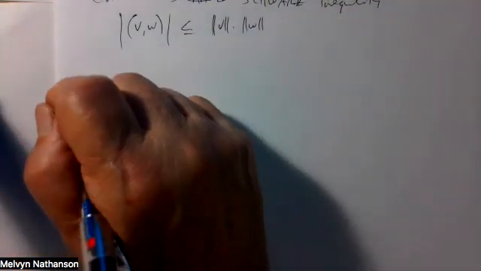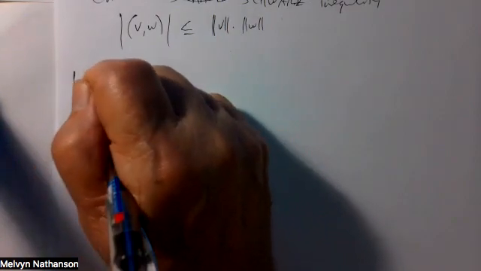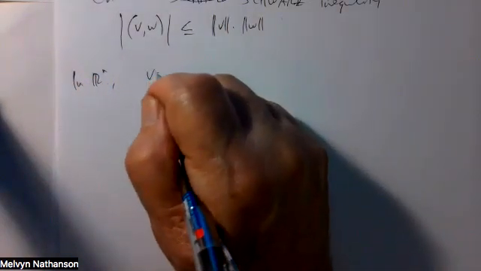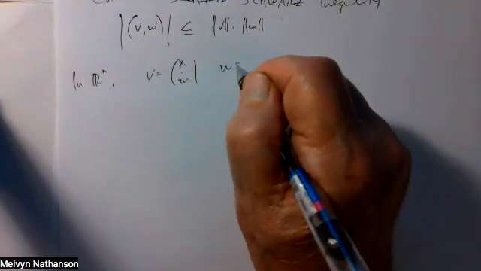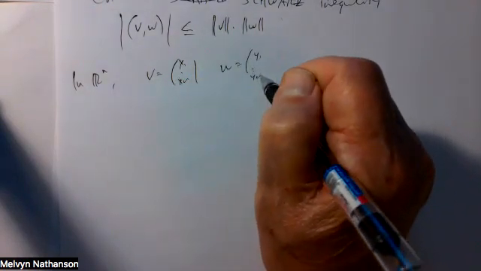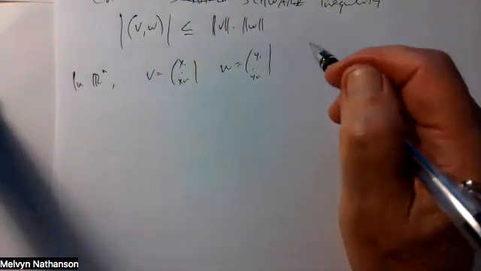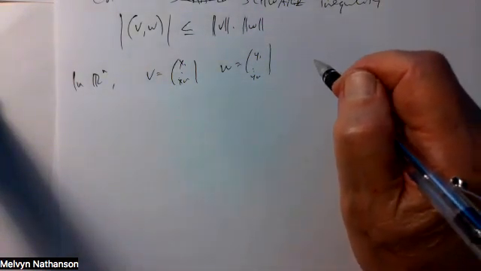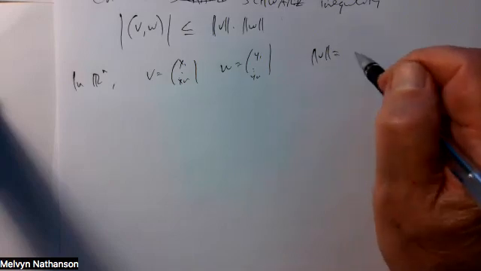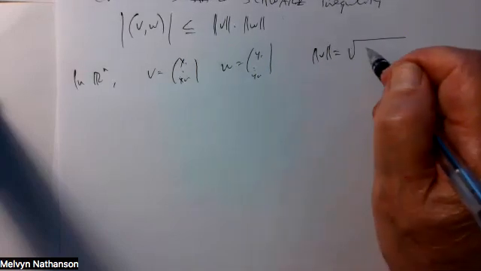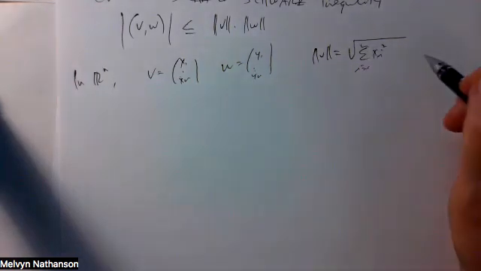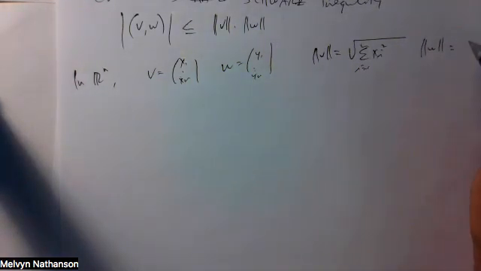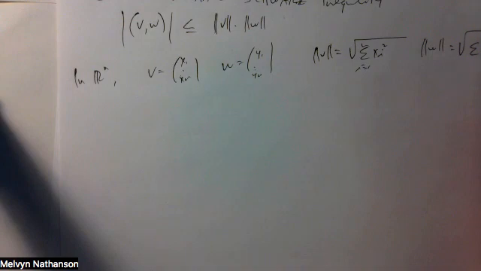It says, for example, in Rn with the usual inner product, if v is x1 to xn and w is y1 to yn, then the length of v is the square root of the summation of x sub i squared. The length of w is the square root of the summation of y sub i squared, i goes from 1 to n.